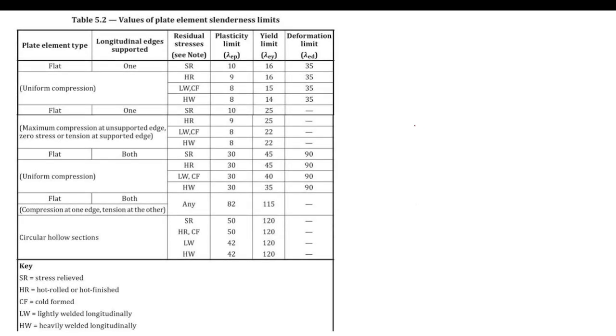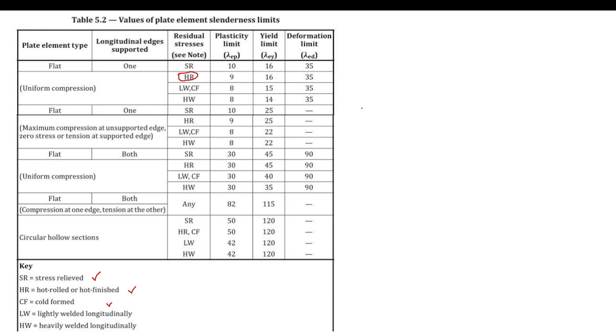Now this is Table 5.2 which is given in AS 4100. We have different components here based on the plate element types, which are flat and circular, and longitudinal edges supported. Based on residual stresses, we have stress relieved, hot rolled, cold deformed, and different sections, but we are sticking to hot rolled in this problem.